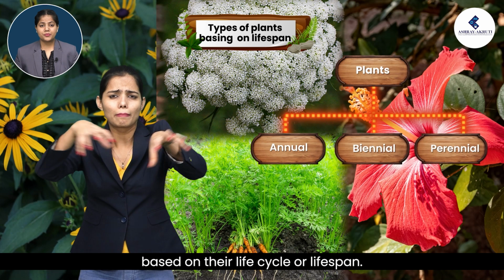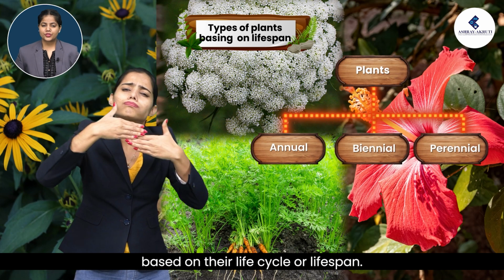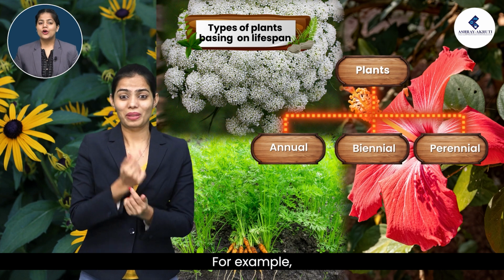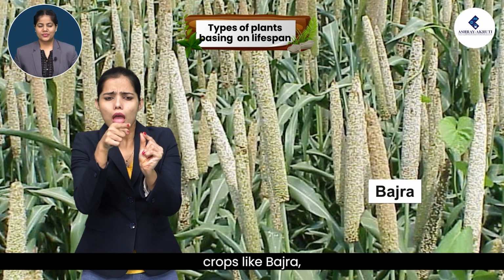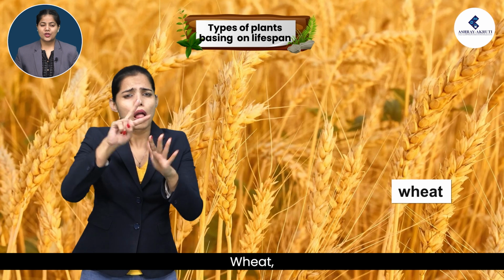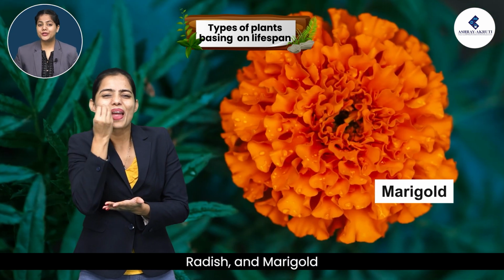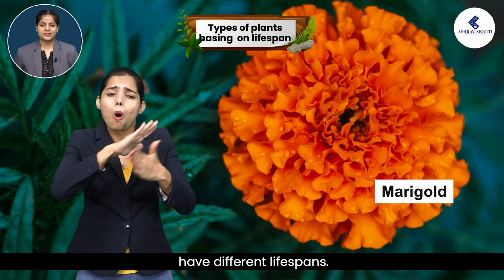Plants are categorized based on their life cycle or lifespan. For example, crops like bajra, wheat, corn, radish, and marigold have different lifespans.